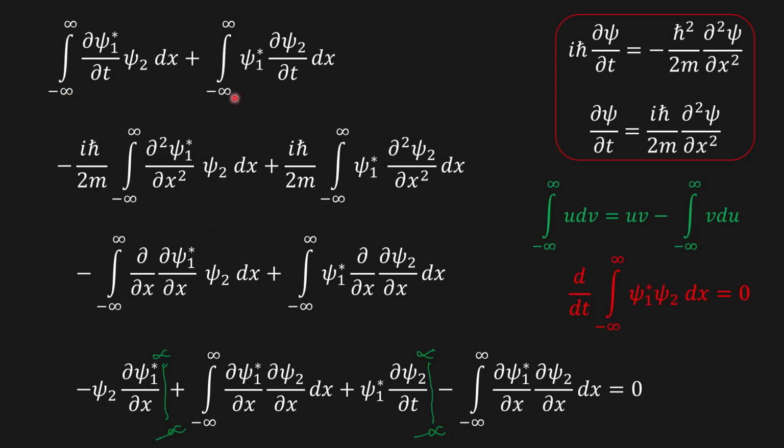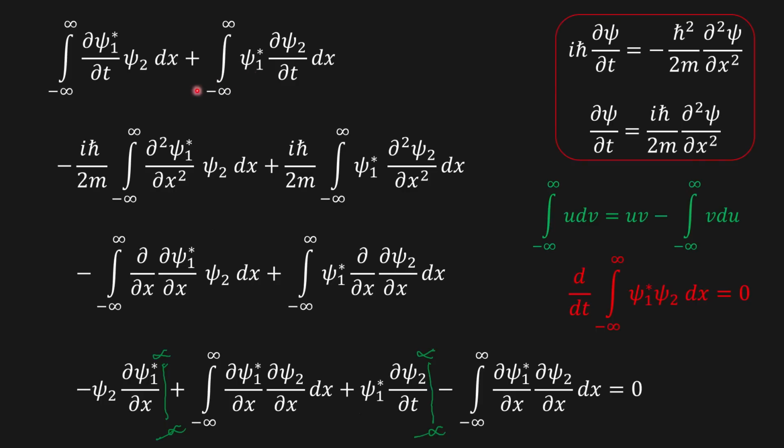Now we have to find this integral. Take the Schrödinger wave equation. In this problem, the potential is the same for psi 1 and psi 2. So instead of removing the potential at the end after some mathematical steps, at the beginning itself we will cancel out the potential, because it is the same for psi 1 and psi 2.